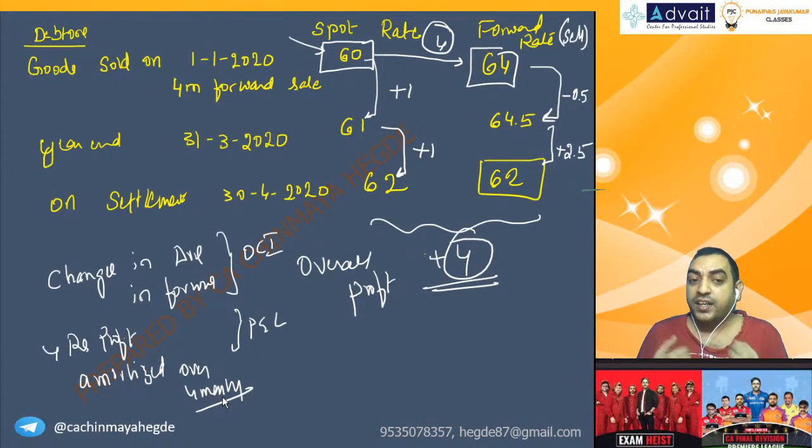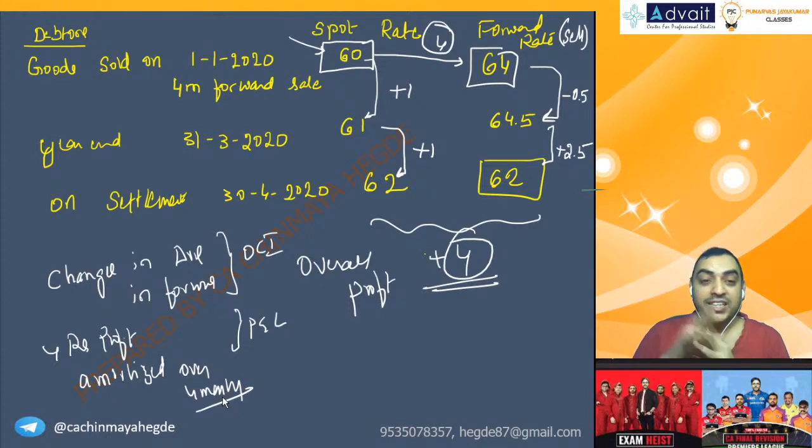What should go to P&L is the certain hedging profit, which is 60 to 64, that 4 rupees, transferred to P&L account over the contract period, in this case 4 months. So every month you transfer 1 rupee. The changes in the hedged item and hedging instrument will go to cash flow hedge reserve, OCI. And you will transfer the 4 rupee profit to P&L account over the contract term.